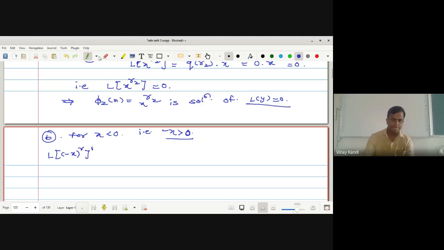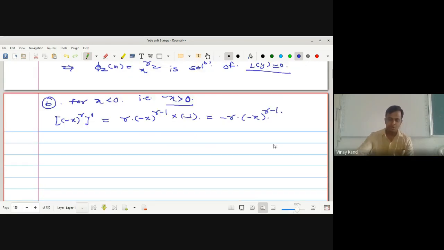The derivative of minus x raised to r dash is r into minus x raised to r minus 1, into derivative of minus x, which is minus 1. So it is equal to minus r into minus x raised to r minus 1.